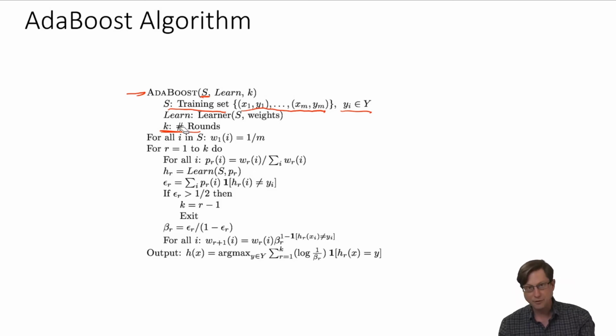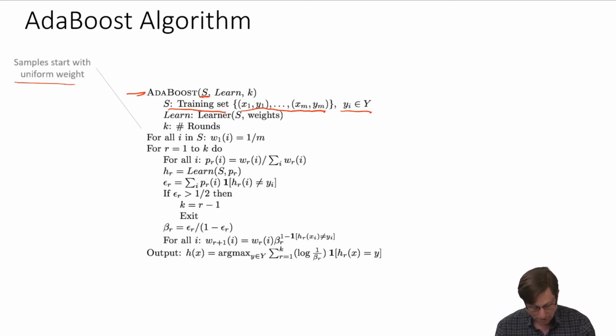But for the simple version of the algorithm, K is just a hyperparameter that you tune externally. Now, in the first step of this algorithm, we take all the samples and give them a uniform weight. And that's what this says. For all I in the training samples, the weight in the first round for sample I is 1 over M, where M comes from up there, and M is the number of samples in your training set.